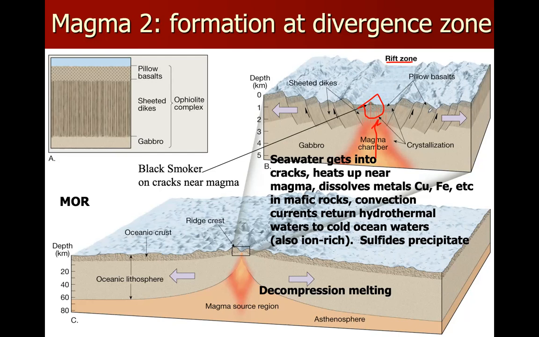And this magma produces rocks like basalts, and sometimes dikes. That means when the magma goes into cracks, like these cracks, right? Into these cracks, when the magma intrudes, we call them dikes.